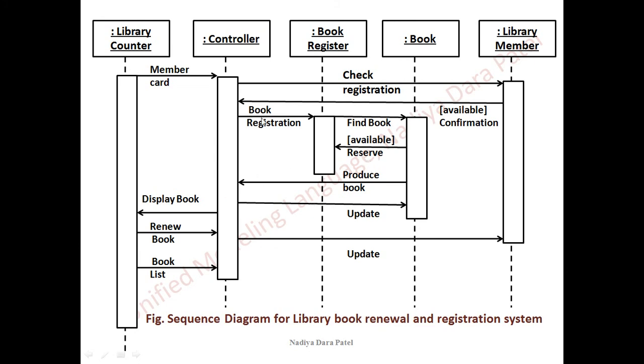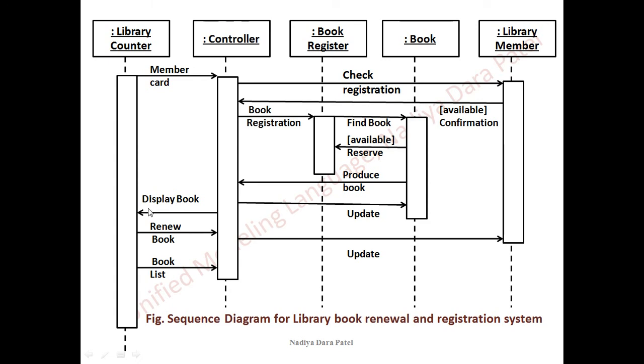After this process is completed, the controller will be displaying the book. So the process is to produce the book, update it, and then display the book to the member. Here one process ends. The process of registering or issuing one book is completed.